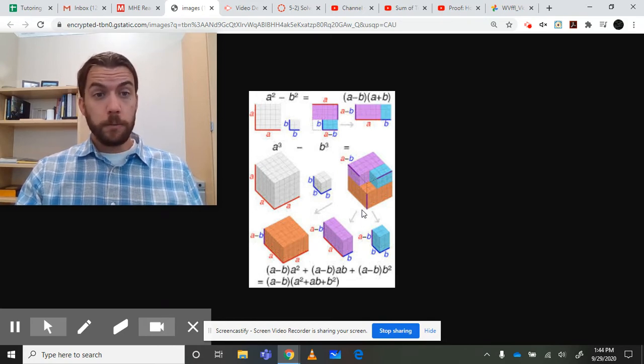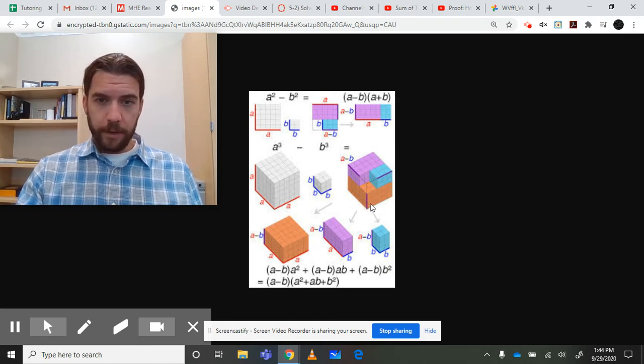Now, difference of cubes looks a lot the same. We have a cubed, b cubed. We take away a little b cubed size chunk from a cubed, and we end up with three different pieces we want to look at. Each of those pieces has one side length, one factor that's this little blue line. That blue line is a minus b. So each of these three things is a minus b times something.